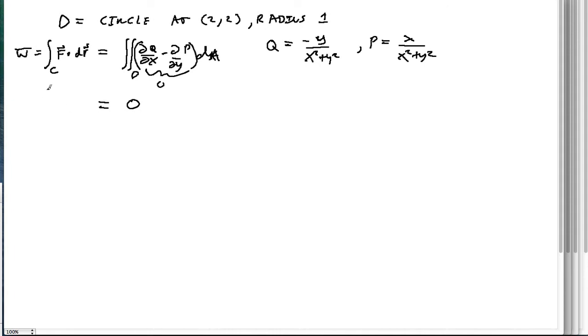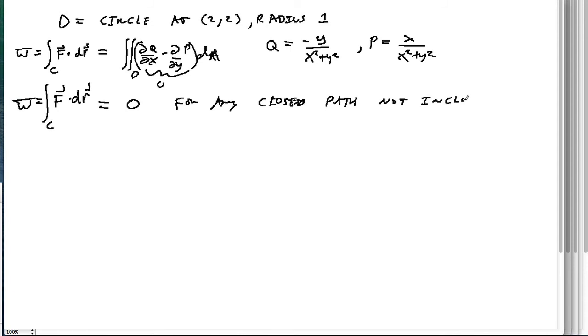So now we have a nice statement about the work, that it's always going to be 0. And this works for any closed path, I should say, not including the origin.